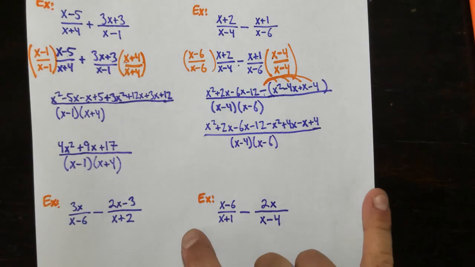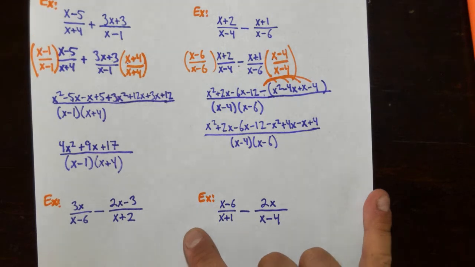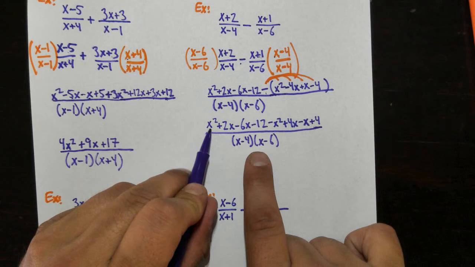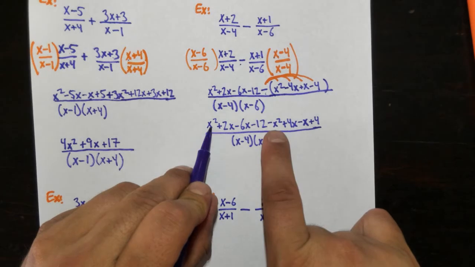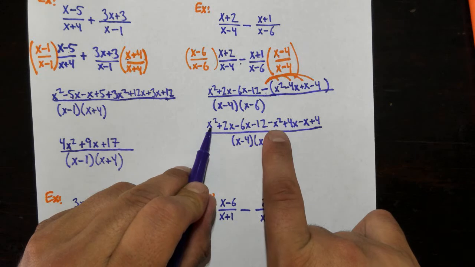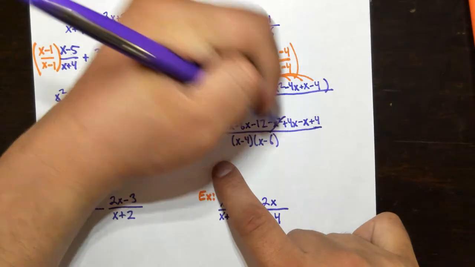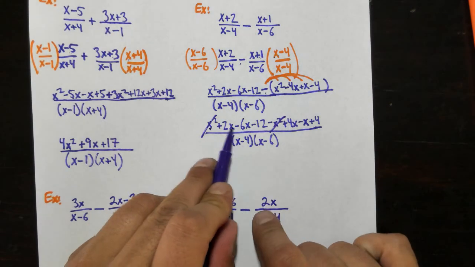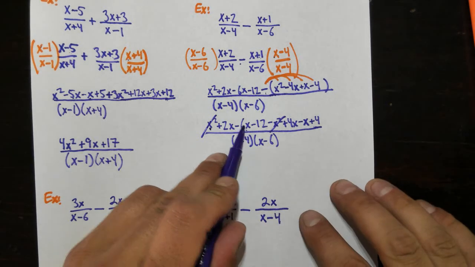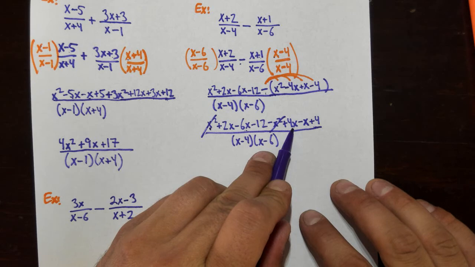So that's the difference. And then now, just like our addition, we're going to combine like terms. So we have x squared and a negative x squared. That's going to give us 0x squared. So when it's 0, we don't need to write it. So these just cancel. Then we have 2x minus 6x is negative 4x. Plus 4x is 0x.